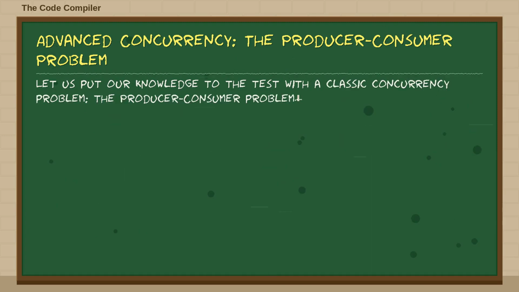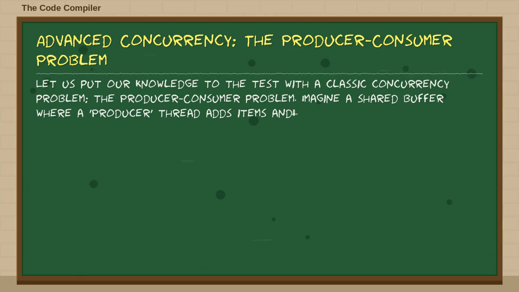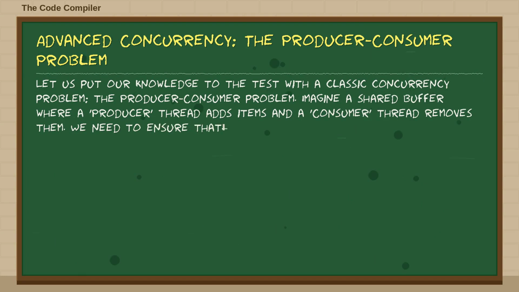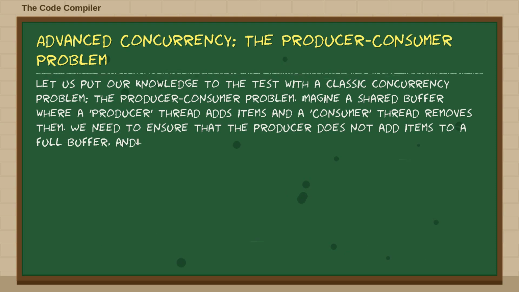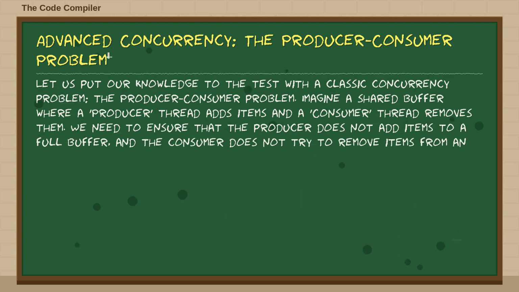Imagine a shared buffer where a producer thread adds items and a consumer thread removes them. We need to ensure that the producer does not add items to a full buffer and the consumer does not try to remove items from an empty buffer.